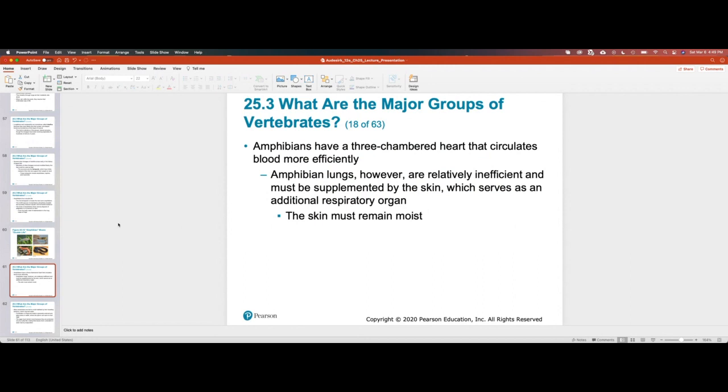The rates of diffusion drastically drop off when you increase the distance between the objects needing diffusion. So this is sort of a consequence of their partial land and partial aquatic environment.